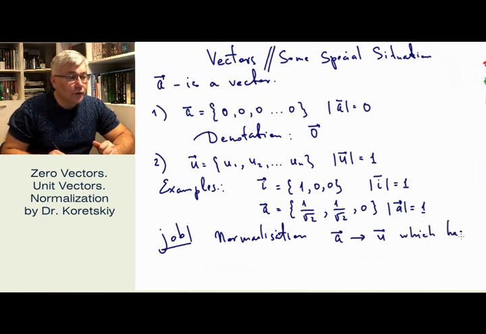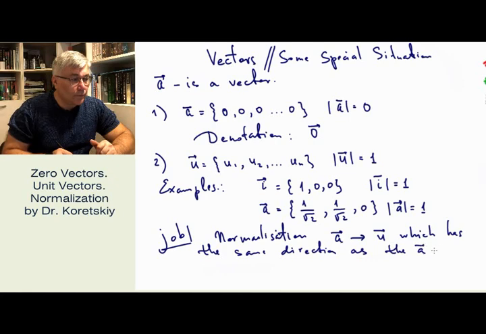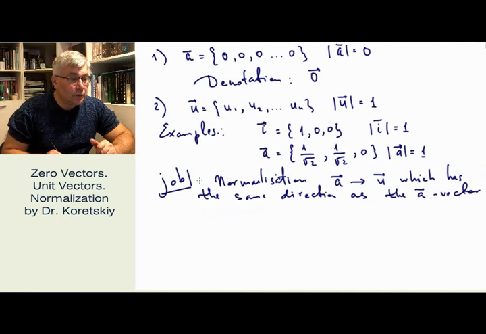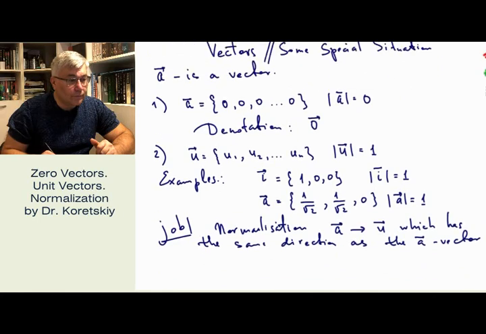If you have a vector A, you can transform it into a unit vector which has the same direction as vector A.